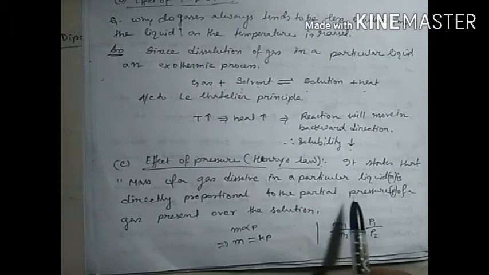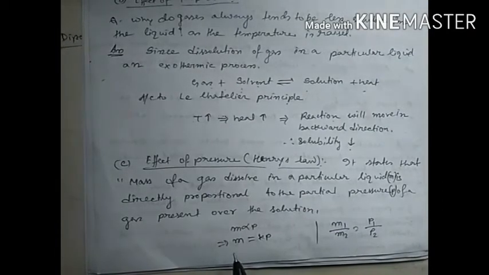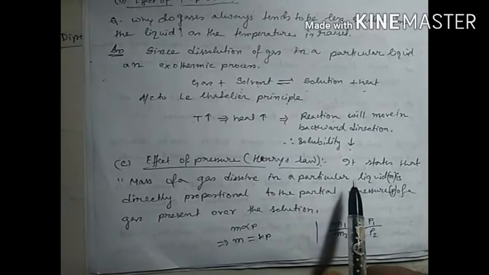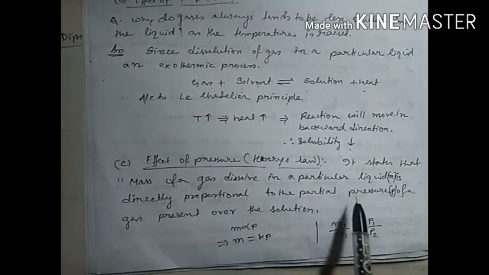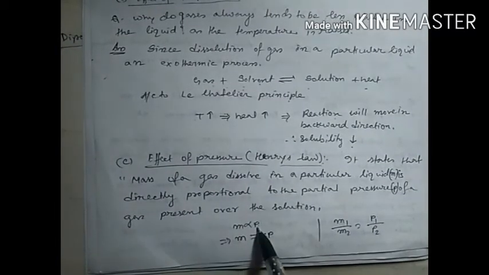The partial pressure means the pressure exerted by the particular molecule. So m is proportional to P, where m is the mass of the gas dissolved and P the partial pressure. m equals K P, where K is the proportionality constant.